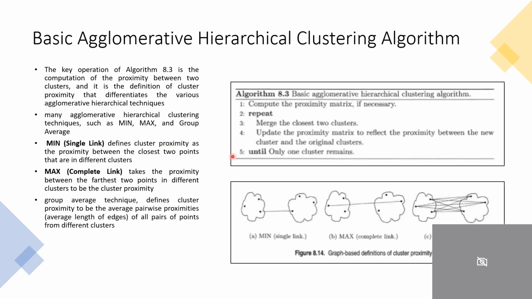So here you will merge the closest two points. In max link you will merge the farthest two points, meaning the two points which are far from each other. In group average you will take the average pairwise proximity and then merge. So this will be more clear when I go for the problem. One by one we will see in the next slides how to cluster using min link, max link and group average.